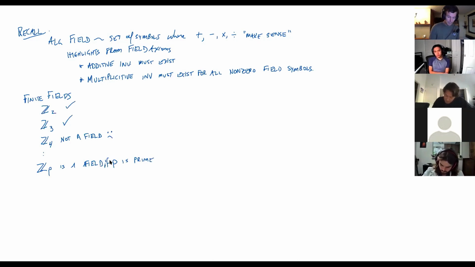So if you're doing modular arithmetic, then you are guaranteed the field axioms to hold if your modulo number is a prime integer. So that kind of leaves a hole, if you like. So we have Z2, Z3, Z5, Z7. All of these are finite fields in which we don't need to really look outside the range of integers.